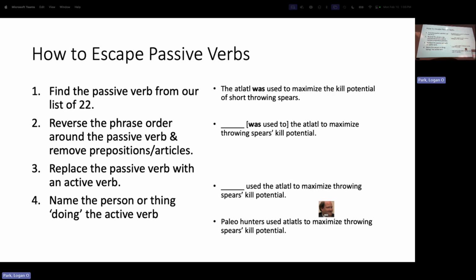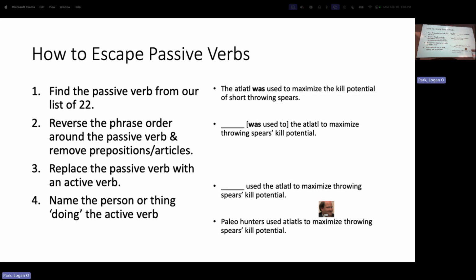So, our opening exercise for today is to take a statement like this, just a factoid, and learn to recognize that this is passive voice. It's using one of those passive voice verbs. It was used to. So the verb phrase here is was used to. It's 3 words.